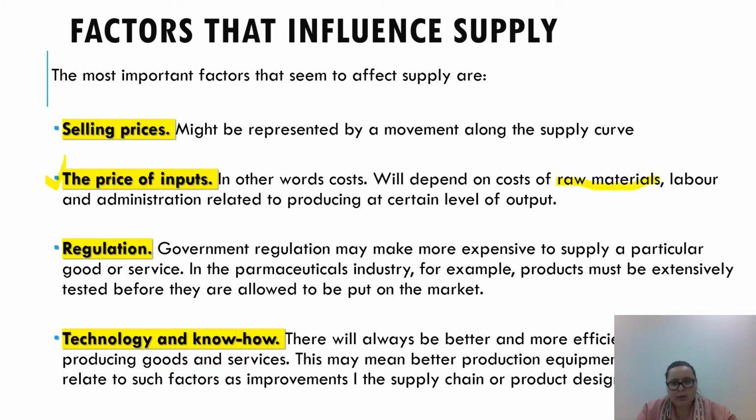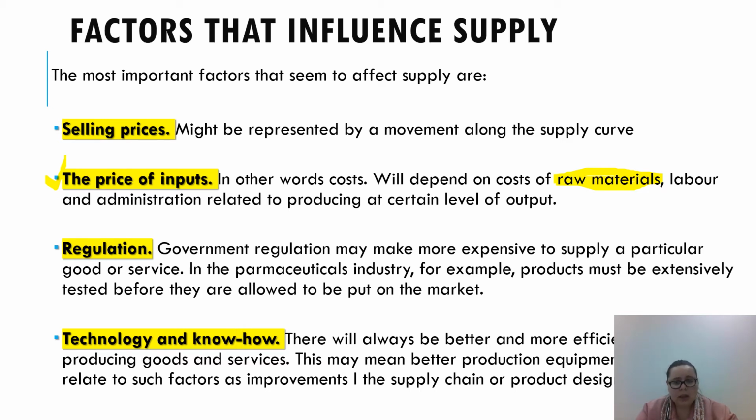If we're talking about the raw materials, we can talk about the ingredients. We are using flour, milk, maybe eggs, and so on. If the price of these ingredients increases, that might actually increase the final price of the cake itself.